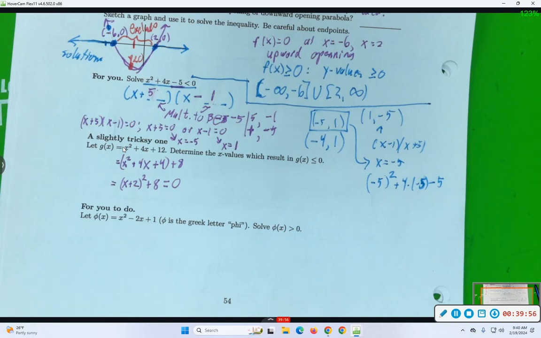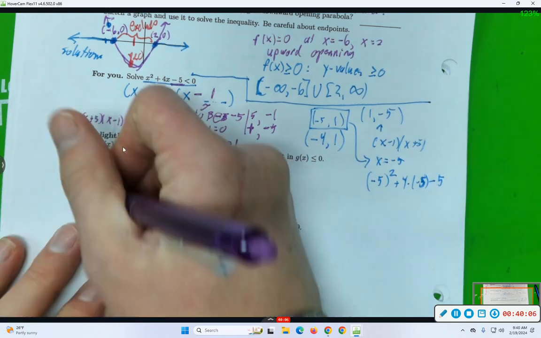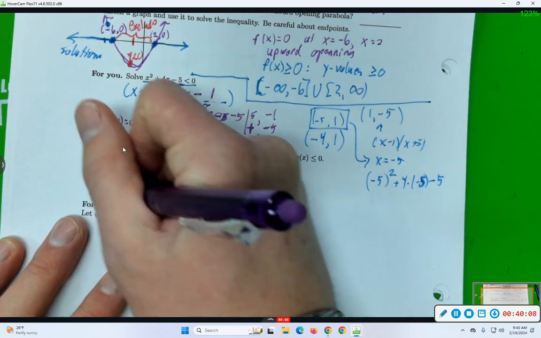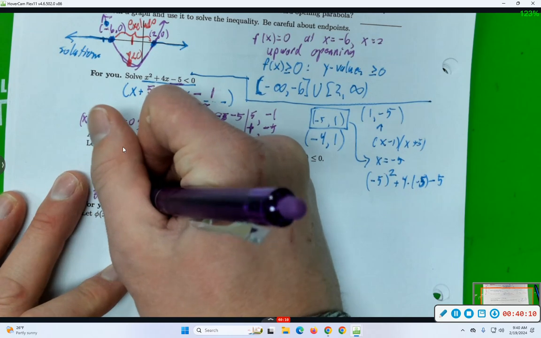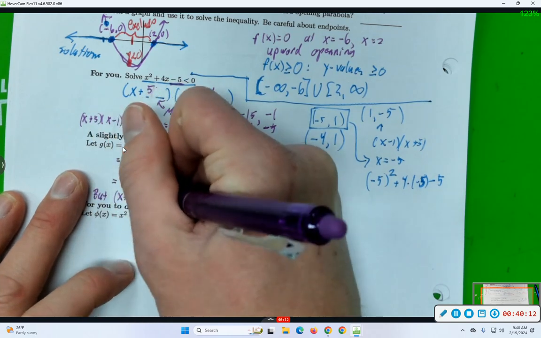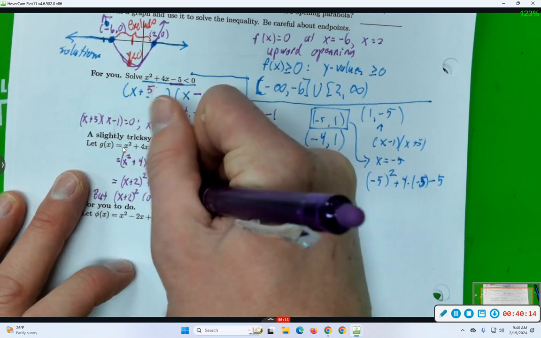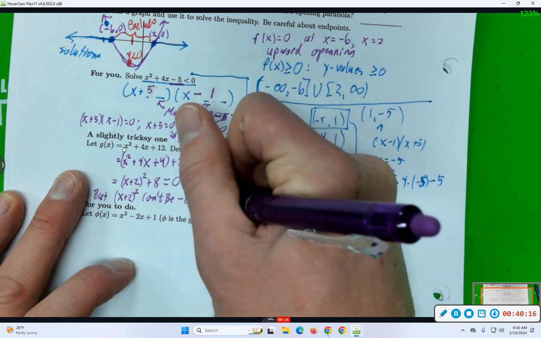Yeah. Is a square ever going to be negative 8? No, a square is always positive. But x plus 2 squared can't be negative 8. This has no solutions.